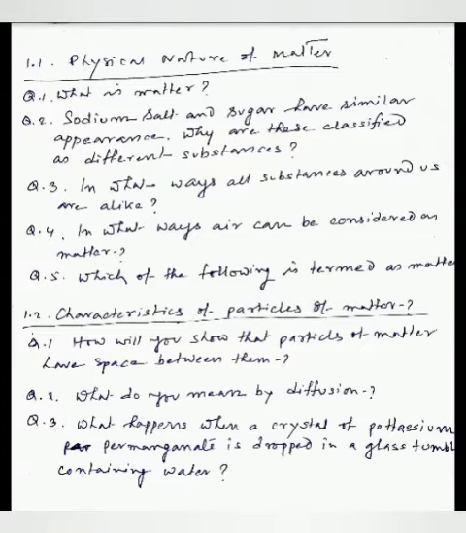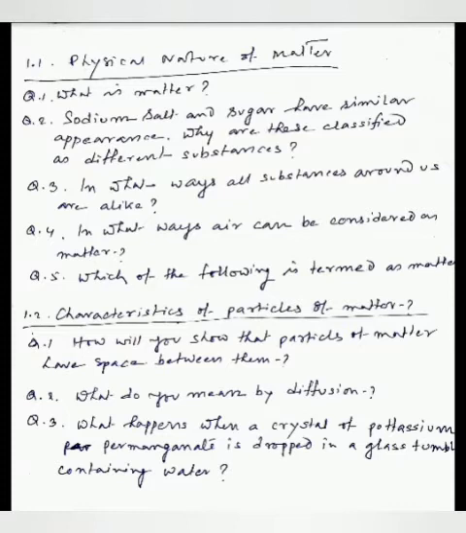So, based on physical and chemical properties, we do classify them. So, sugar and sodium chloride have different physical and chemical properties. Maybe similar in appearance, but they have different physical and chemical properties, and that's why they are different substances.